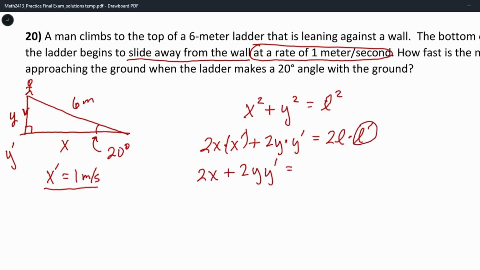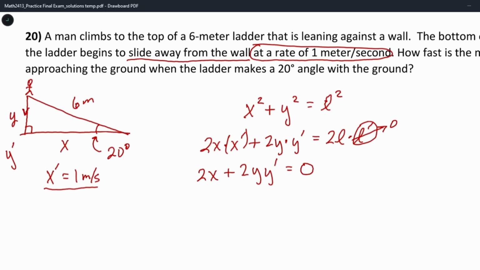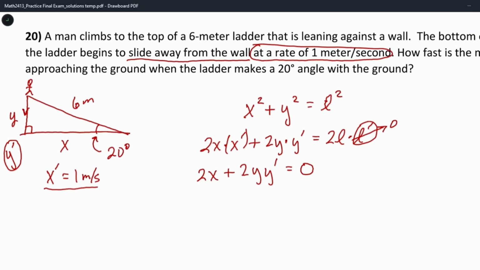The ladder doesn't change length as it slides down the wall. It continues to be a 6-meter long ladder. So that rate of change is 0, making this entire side go to 0. And then what we can do is isolate the variable that we're trying to solve for and then see if we can find the remaining pieces.